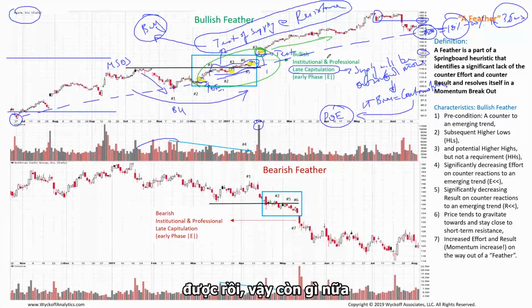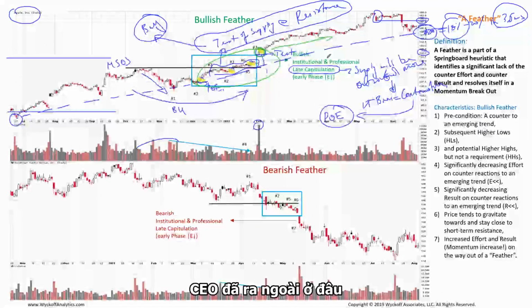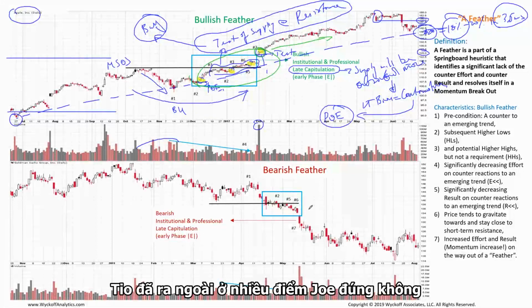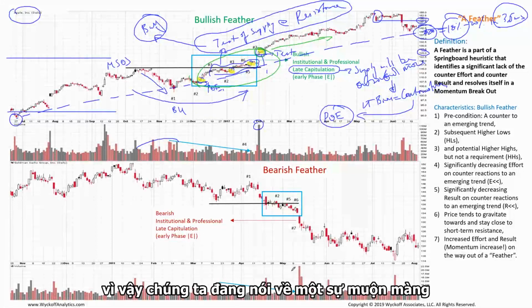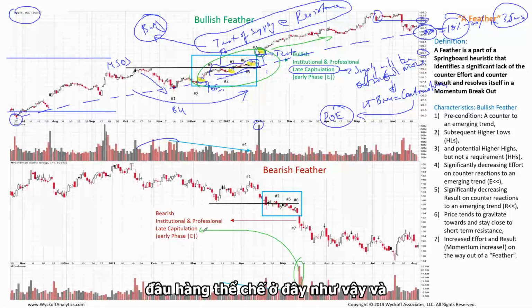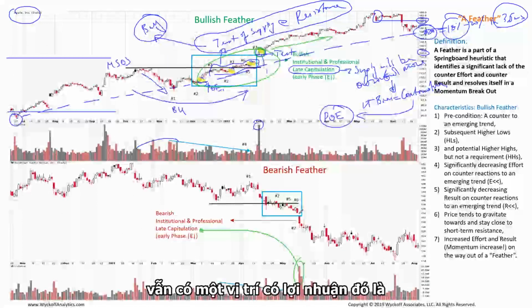All right, so what else? Joe is asking, for the bearish feather, where did the CO get out? Well, CO got out in many spots, Joe, right? So we're talking about a late institutional capitulation here. And by the way, CO could be getting out here as well. And at this point, the CO still has a profitable position. That's number one.